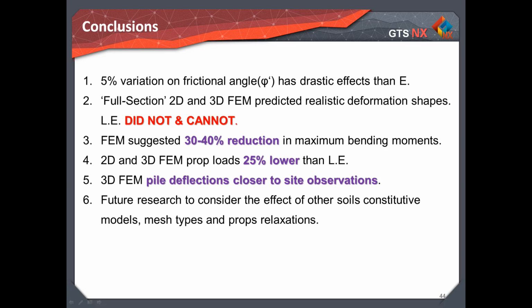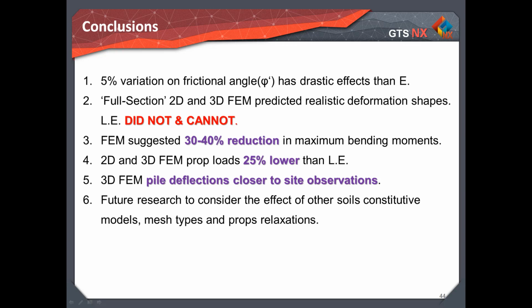Due to the asymmetric profile of the problem, full section 2D and 3D FE models predict more realistic deformation shapes, although the prop connections had significant effect on behavior of the structure. Limit equilibrium missed this criterion completely, whilst analysis of half section in finite element would not have predicted the asymmetrical behavior either.